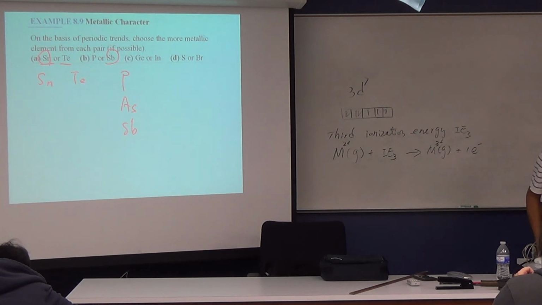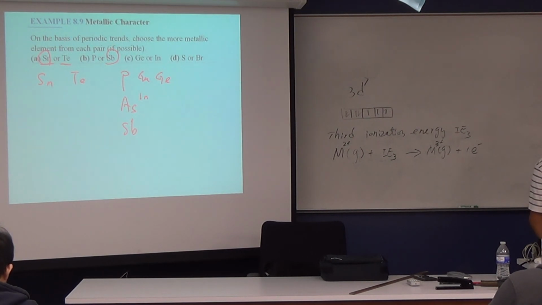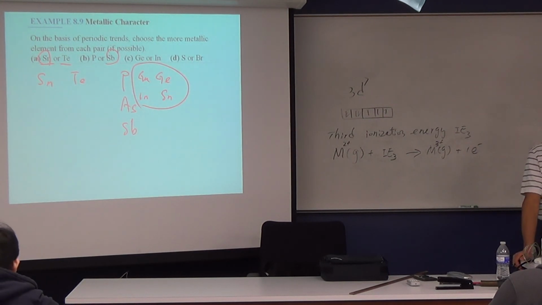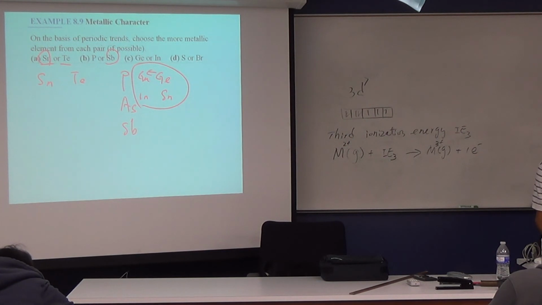So the last two, they are not in the same column, not in the same row. You have to use what we did before, right? Let's see, this Ge is here, and where is In? In is here. So Ge with gallium, and then Ge with Sn. Now this is this little square of these four elements. Draw arrow from here to here. Both arrows tell you increasing metallic.